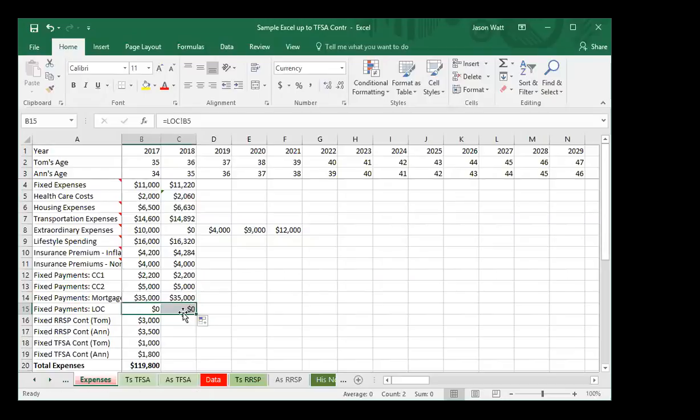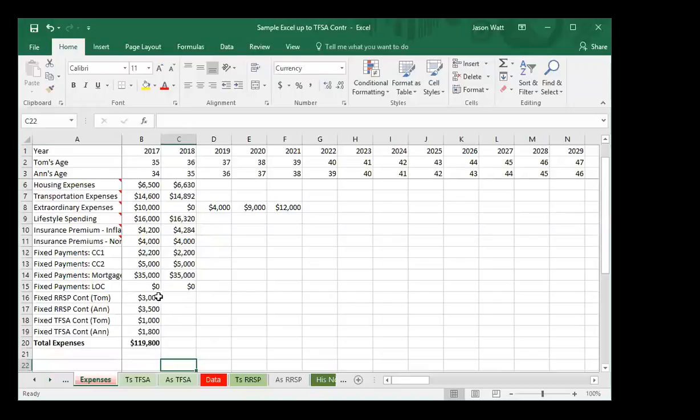So I want to make sure it's actually referring to the right cell on the right sheet as I pull those over. Again, one of my double clicks happened there. I'm going to just undo that, and we can copy that over. And there we go. And then I can pull my total expenses, and that's going to sum out over here.